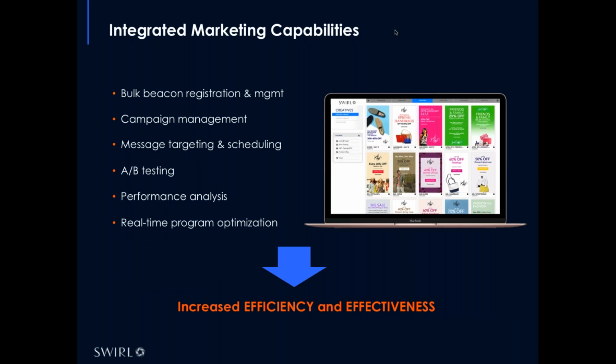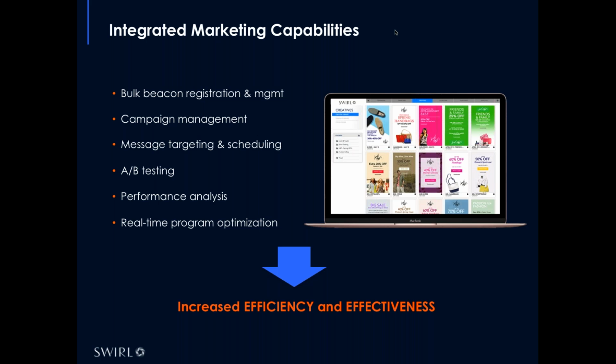So in terms of integrated marketing capabilities that, again, the Swirl marketing services layer provides, things like bulk beacon registration and management. Every beacon that is provisioned in the Google platform has to be manually provisioned one at a time. So if you were rolling out Google Nearby to 1,000 beacons across 1,000 stores, you would have to go in and set up those beacons 1,000 times.